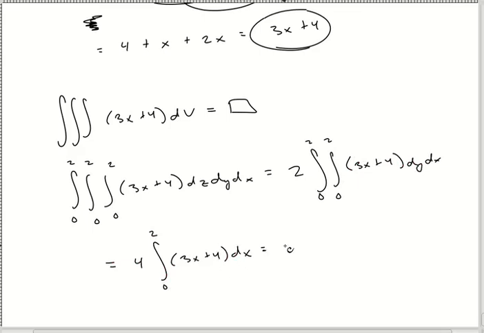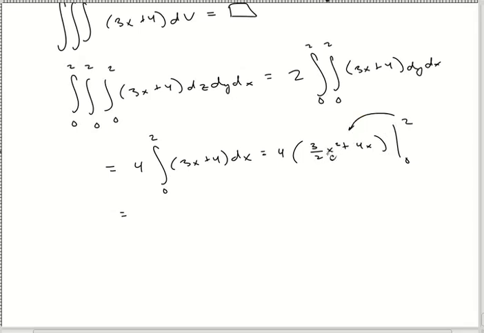Do we have any x's? Yes, this time. And so this would be 3 halves x squared plus 4x from 0 to 2. The 0 cancels everything. 2 squared is going to be a 4. Cancels with the 2 to make a 6. And then we got the 2 here. Makes an 8. So I got 56. There's your answer.